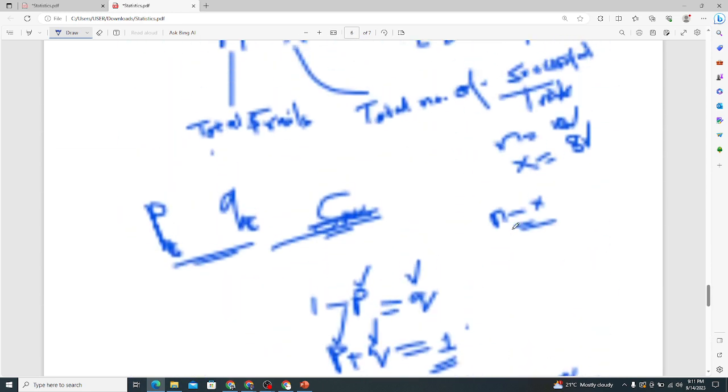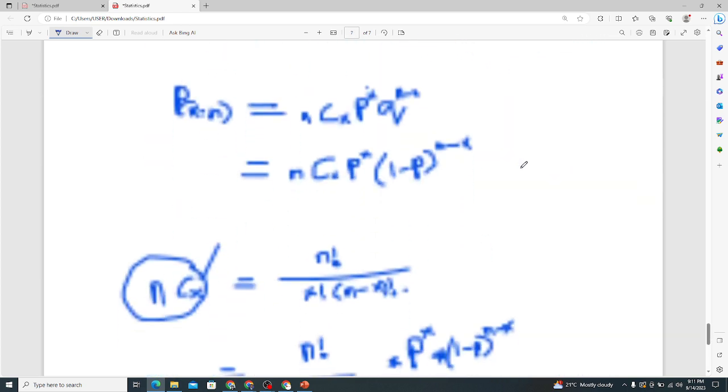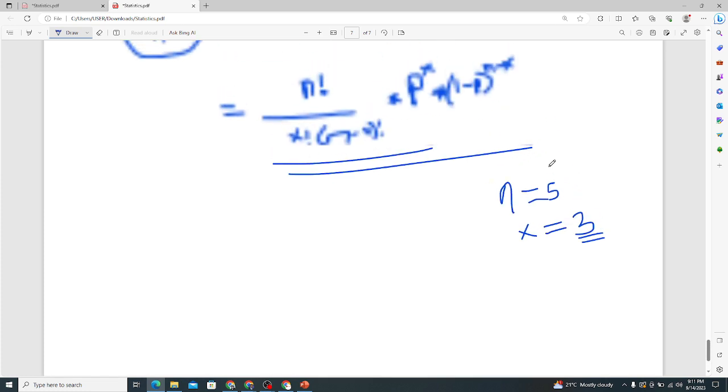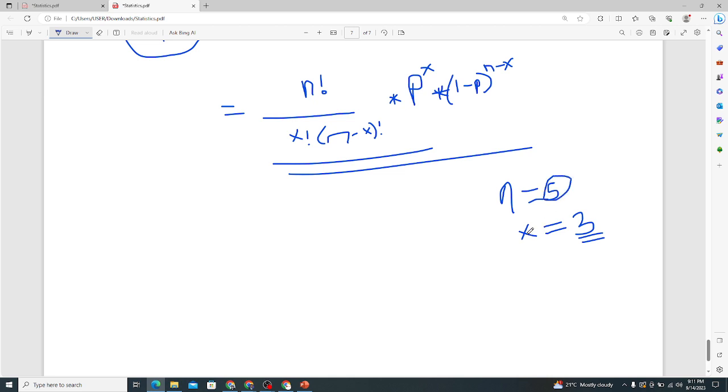For example, when throwing a ball through a basket, if the ball goes successfully through the basket, we term that as one success. So we assume 5 trials, and out of the 5 trials, 3 were successes.